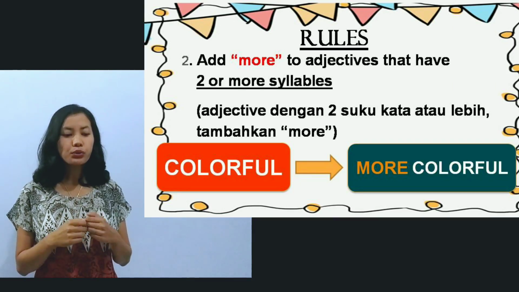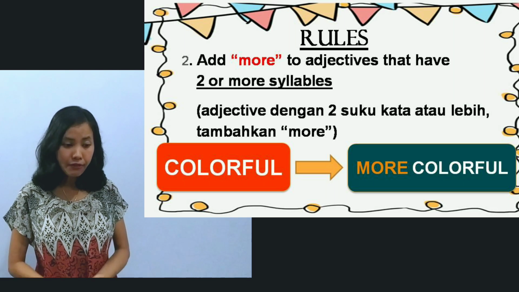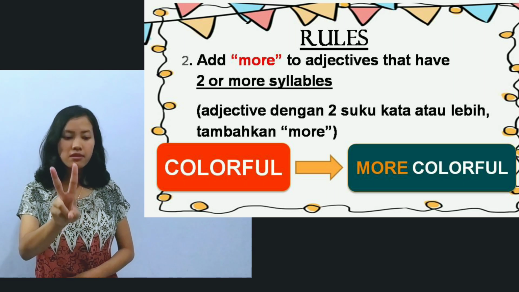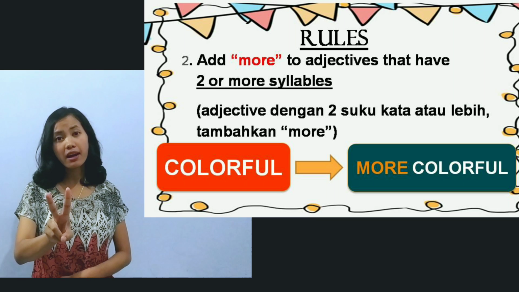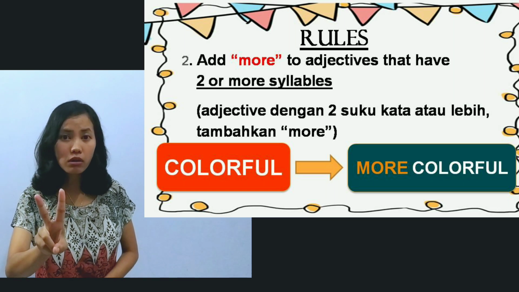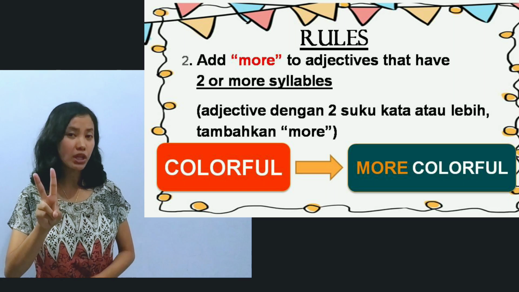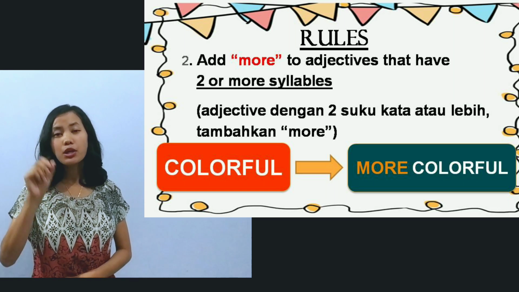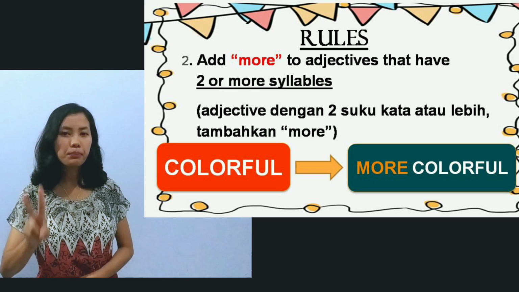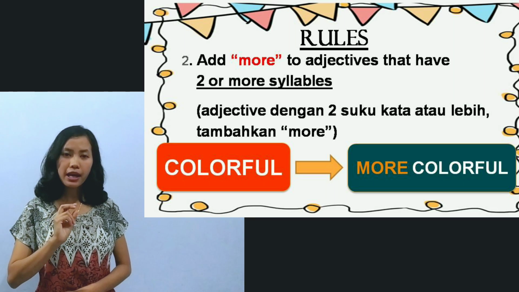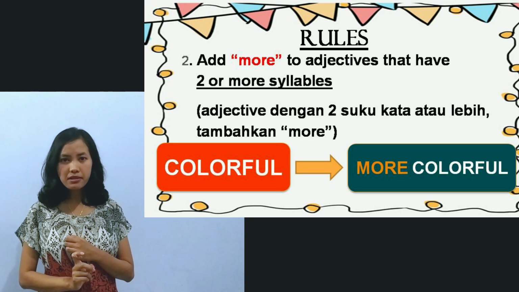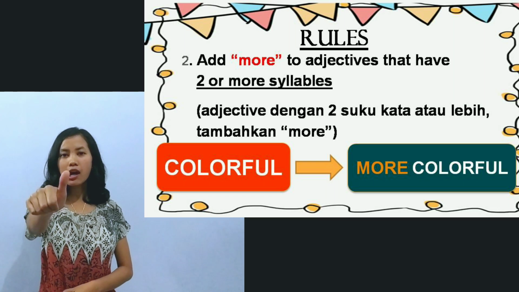And the second rule is we can add more to the adjectives that have two or more syllables. Jadi kita akan menambahkan kata more di depan adjektif atau kata sifat yang mempunyai suku kata dua atau lebih. Here I have colorful. How many syllables in colorful?